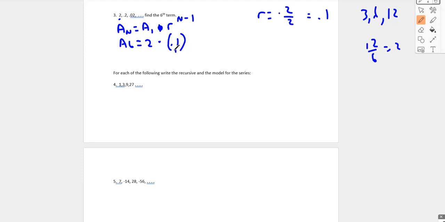Okay, so what term am I trying to look for? The sixth one. Sixth term, so I'm going to go 6 minus 1, yeah? So if I want to find the sixth term, a_6 equals 2 times 0.1 to the 5th power, right? 0.1 times 0.1 times 0.1, or 0.1 to the 5th power, what do you get?